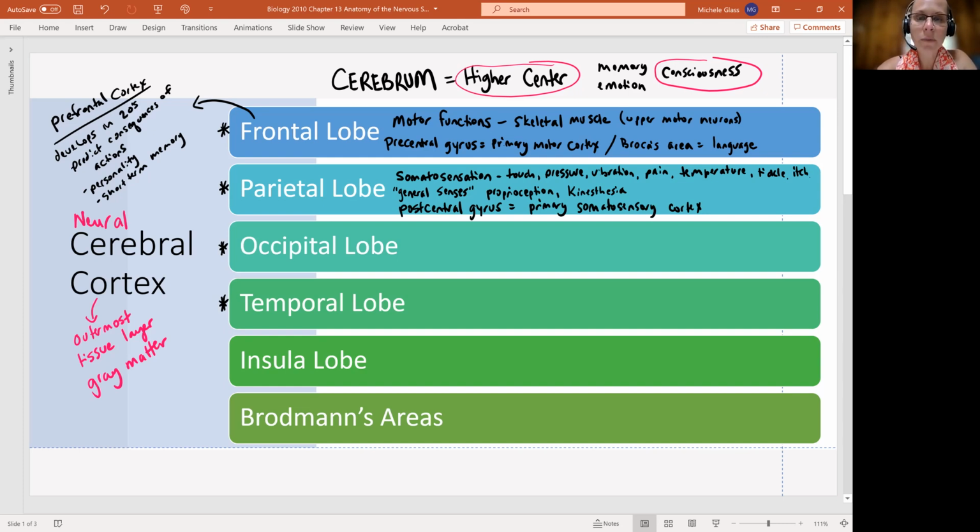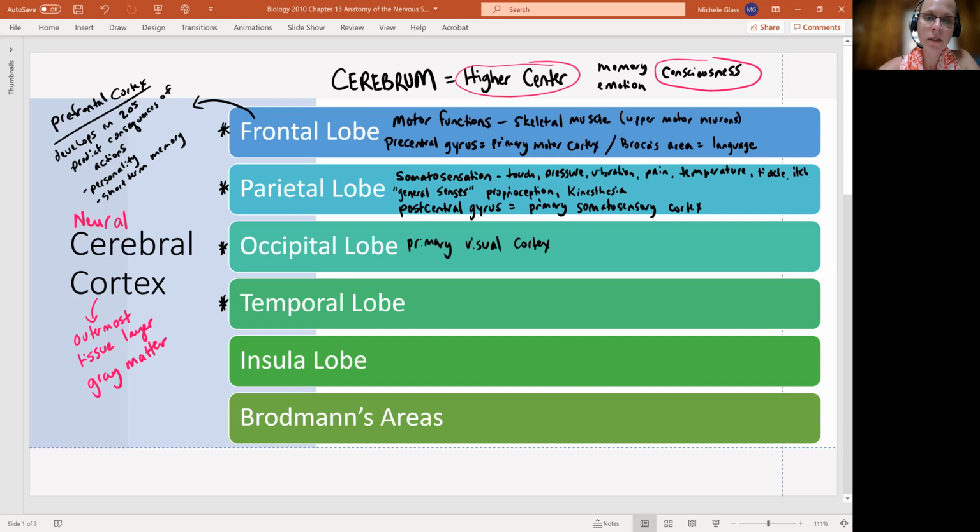When we talk about the occipital lobe, I think it's fair to think about this as our primary visual cortex. When we talk about it as a visual cortex, we're saying visual processing center. It's the part of the cortex that processes vision. Visual information is also processed in other parts of the brain, but this is the primary.